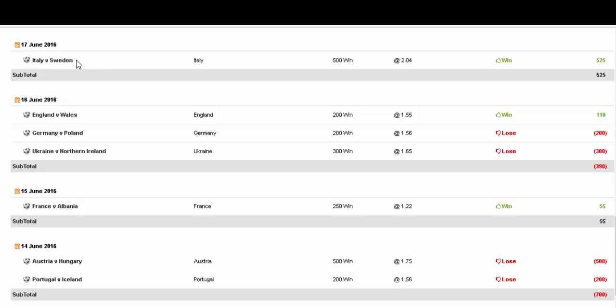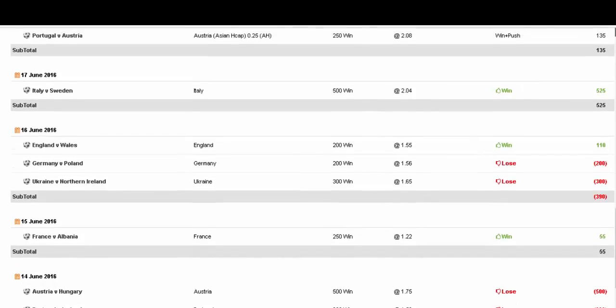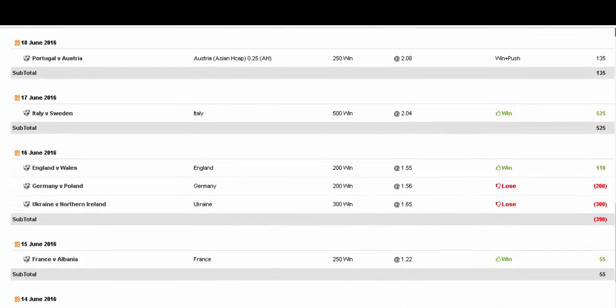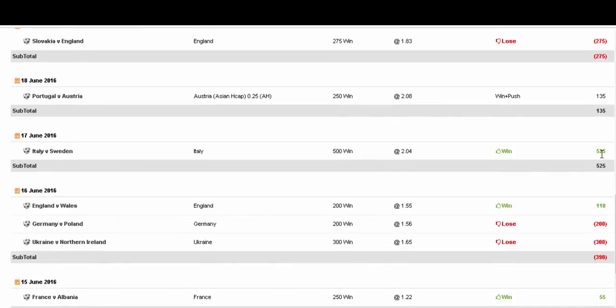I don't think I bet on Ireland-Sweden there. So, basically Sweden have Ibrahimovic, but aside from that, not much. And Italy are Italy. So again, that's a nice win. That makes up for the Austria-Hungary.